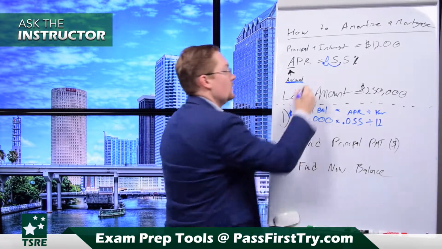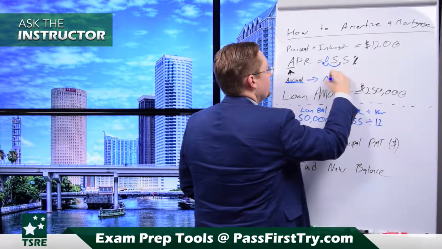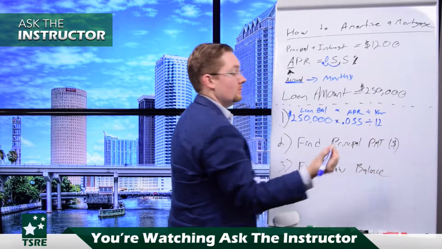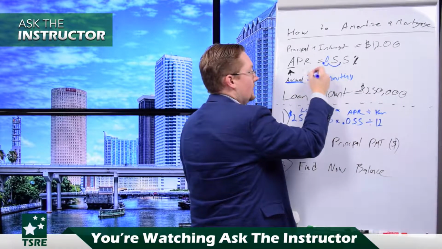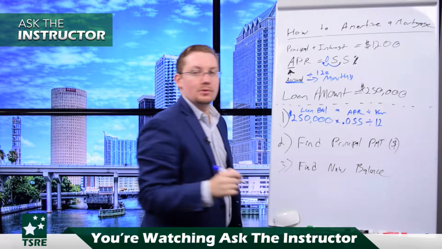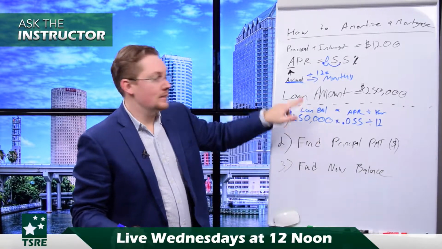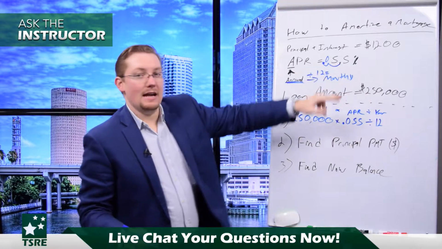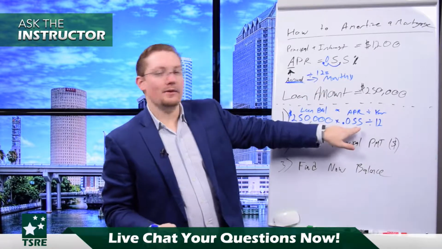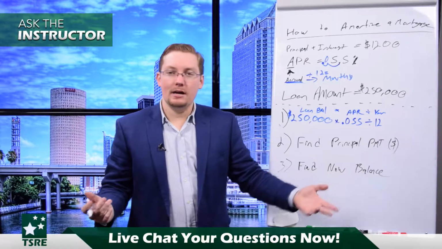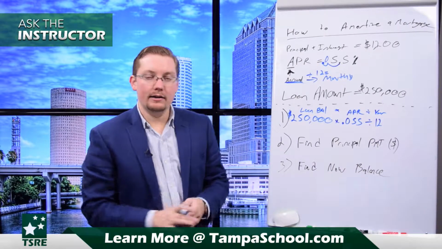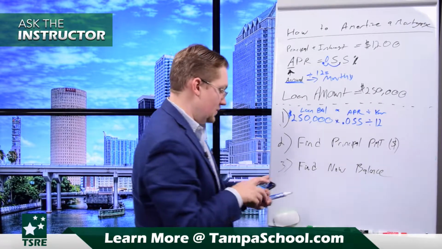So to turn annual to monthly, what do we do? Well, we did that already. Annual divided by 12 equals monthly. So we take our loan balance of $250,000, multiply that by 5.5% interest, which is 0.055 as a decimal, and then divide by 12. And you can plug it all into your calculator just like that, in one nice, clean, easy swoop.